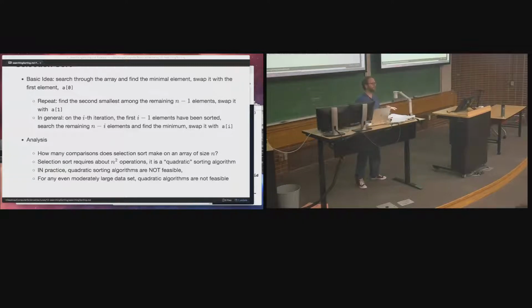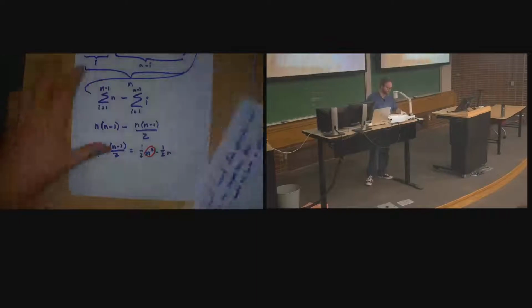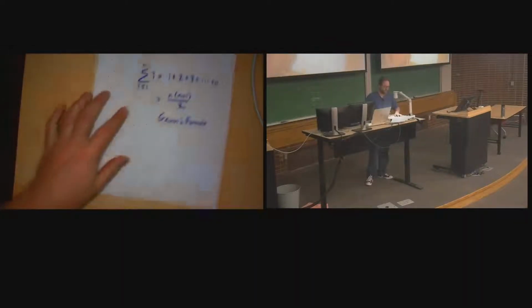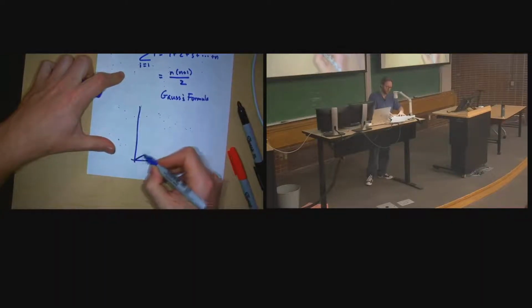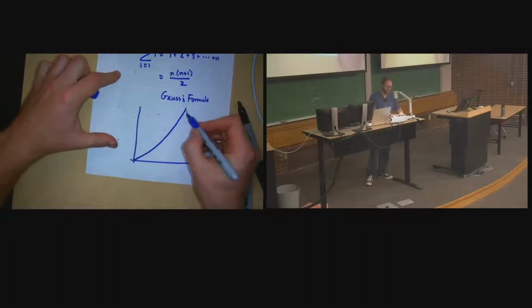Now here's where I'll bring in, very, very briefly, calculus. Let's go back to the written notes here. Again, I don't want to bring it in too much, but what does n squared look like? What does the function n squared look like? It's this growing function, right?